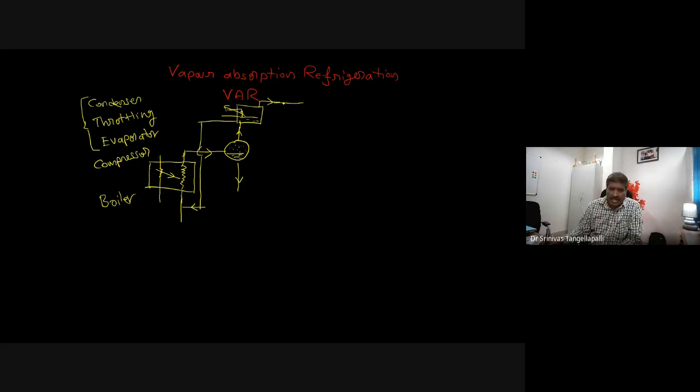So now this is completely vapor. The vapor at high pressure has to condense. How to condense? Again, it is a heat exchanger. I am sending it to this condenser. A heat exchanger coil has been used here. The vapor is condensed, and the condensate is supplied to the throttling device.